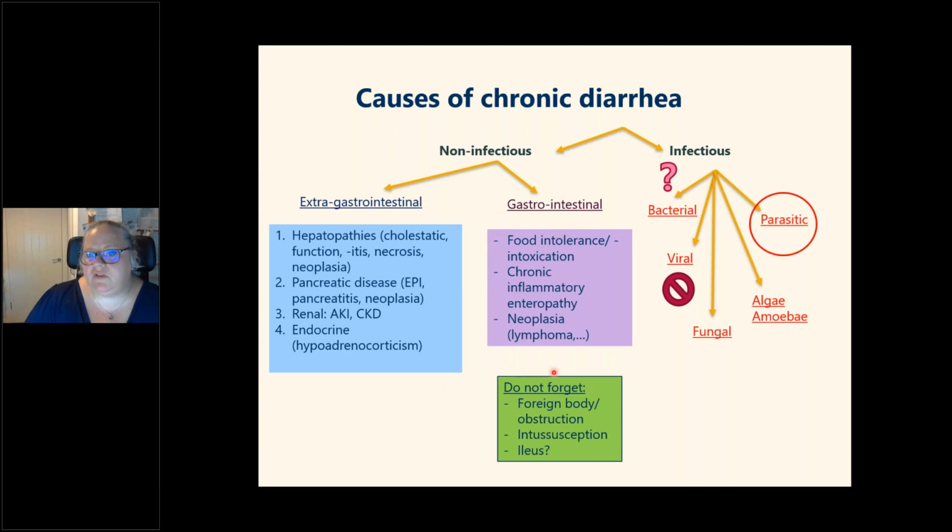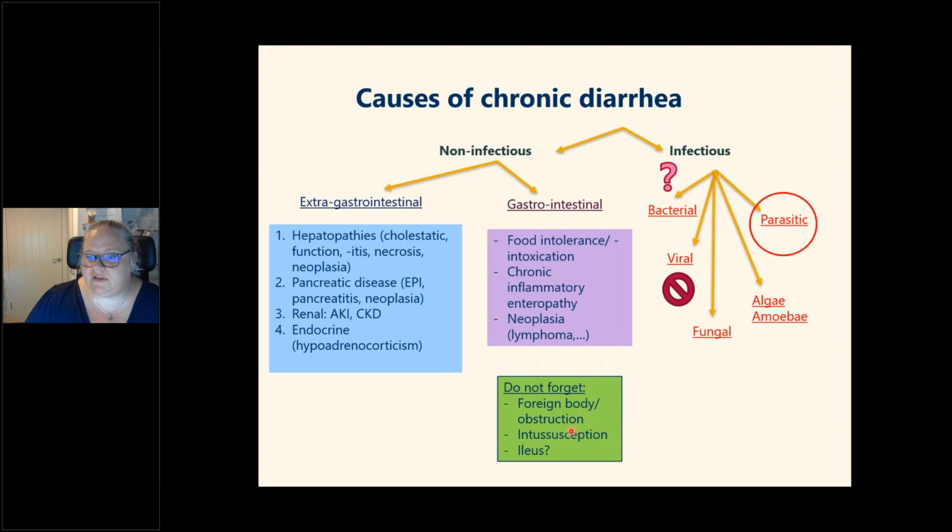Within the GI tract, inflammatory or neoplastic diseases are the top two, but we cannot forget that there are some that may not come to mind immediately because they are a little bit rarer and are more often associated with acute or subacute clinical signs.